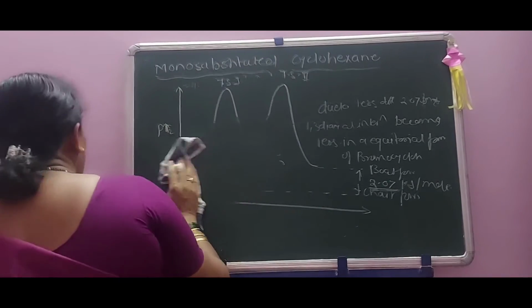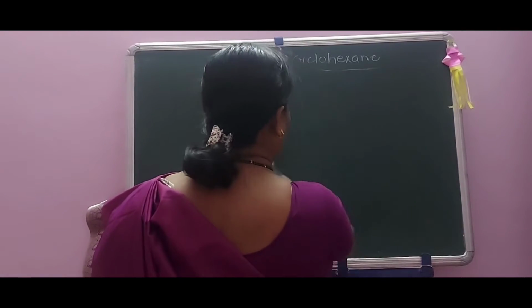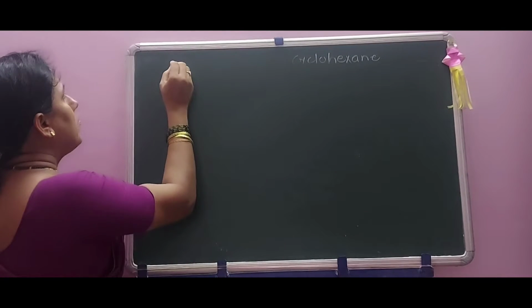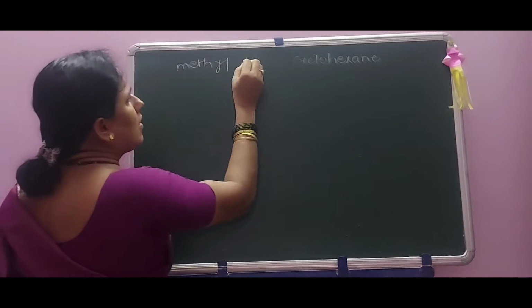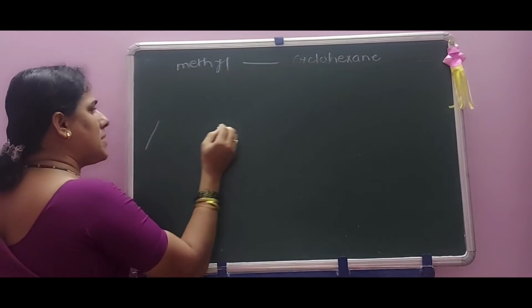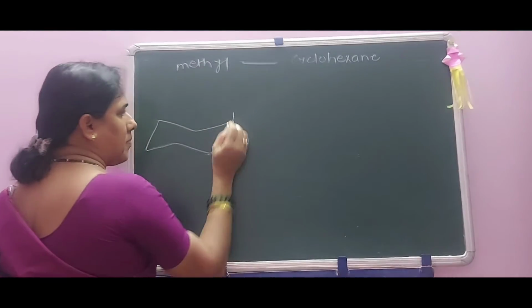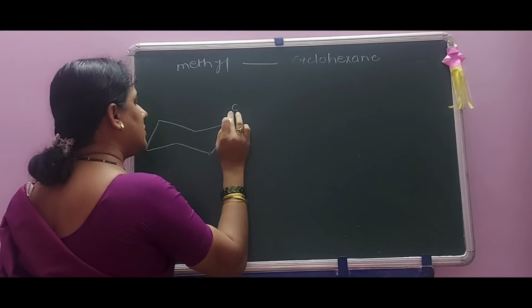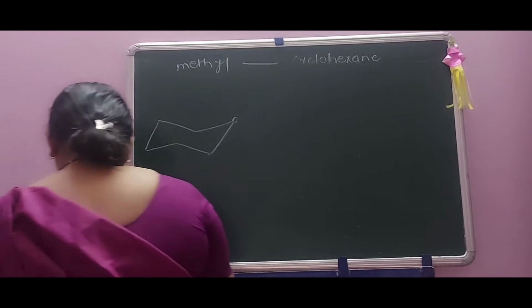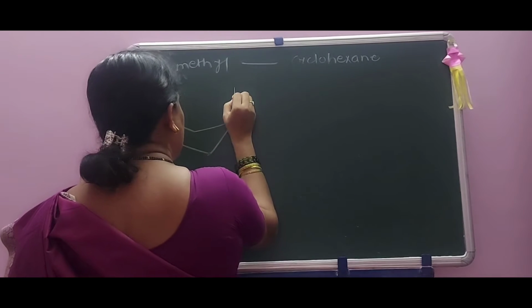Now the next point is methyl cyclohexane. I can draw the diagram here. This is the diagrammatic representation of methyl cyclohexane.